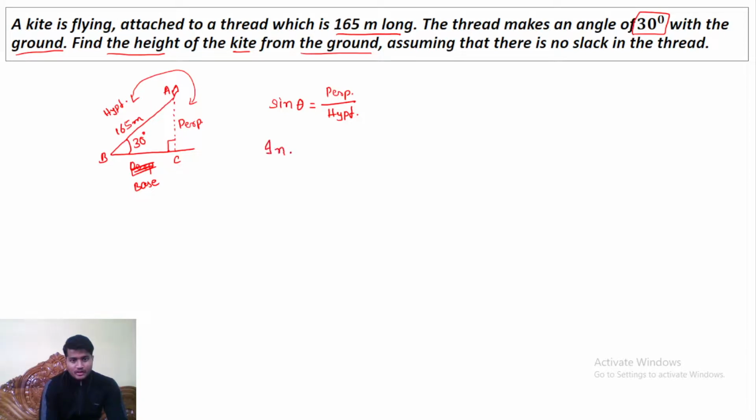So in triangle ABC we have sine 30 degree is equal to perpendicular, that means here it's AC, and hypotenuse, that is AB.